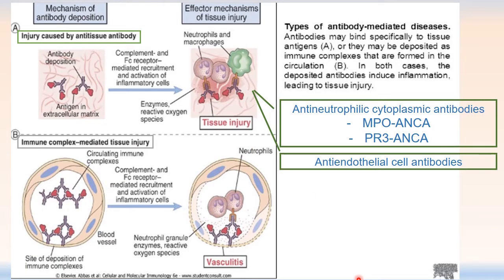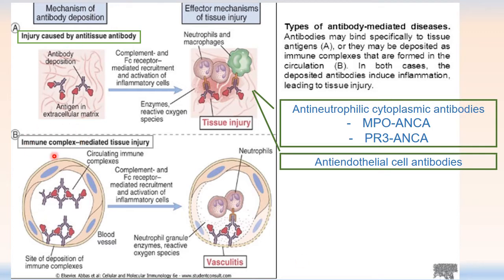Most vasculitides are, in fact, immune in nature. Now, this immune mechanism can either be because antibodies are interacting directly with cell surface antigens, like antigens that are on the surface of our neutrophils, ANCA, anti-neutrophilic cytoplasmic antibodies, or antigens that are present on our endothelial cells. So again, this is a direct damaging antibody.